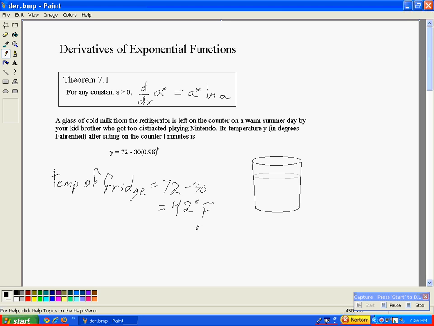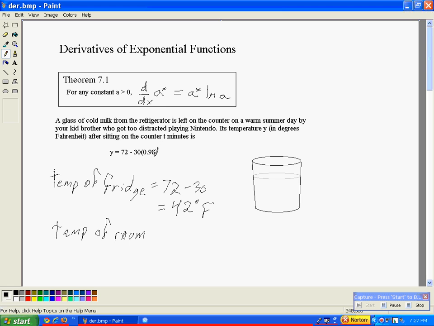And that's reasonable. Now what about the temperature of the room? How can we figure that one out? Well, the milk will be room temperature after it's been in the room a long time. So let's explode this number to a billion, a trillion, and 0.98 to a huge number is essentially 0.